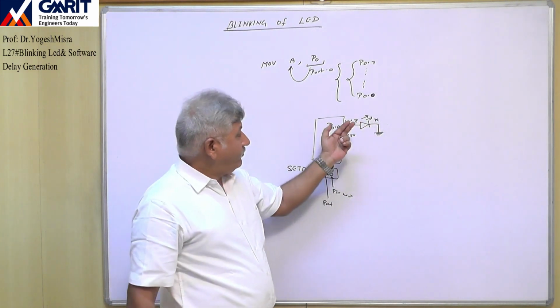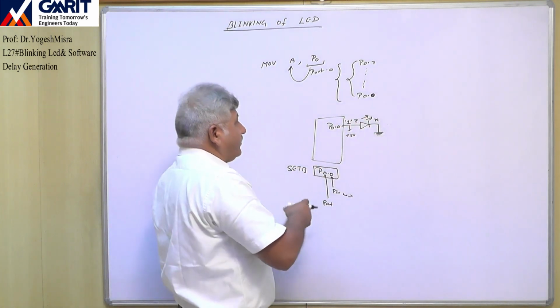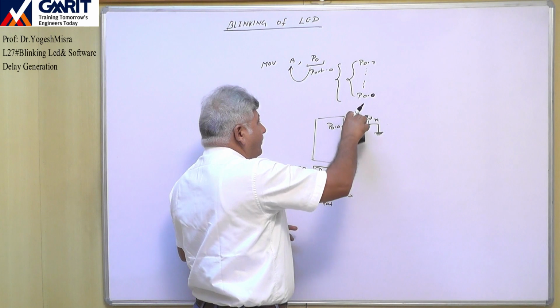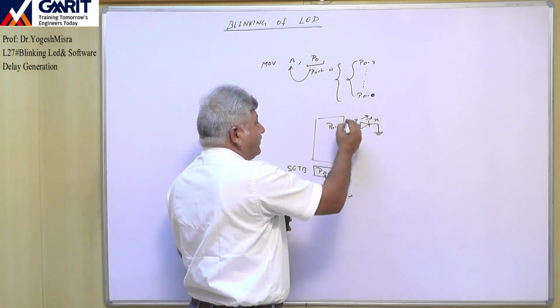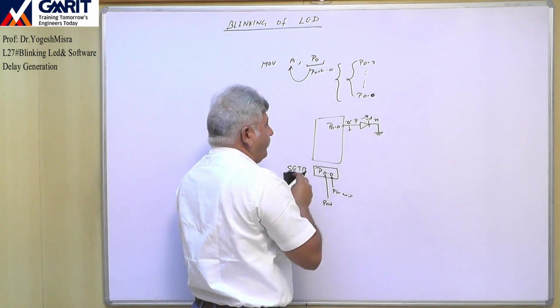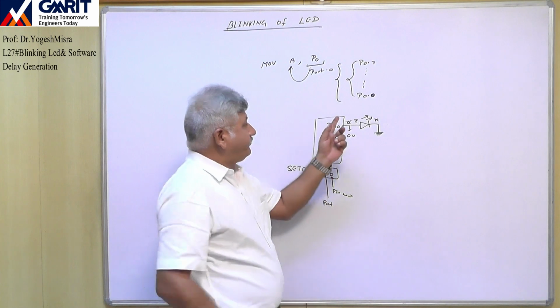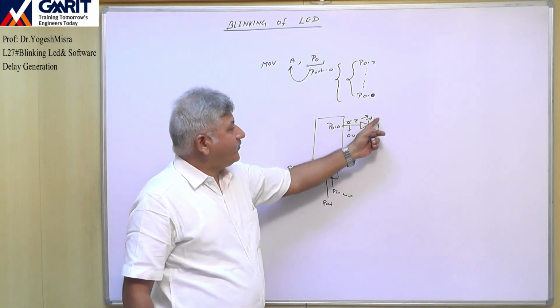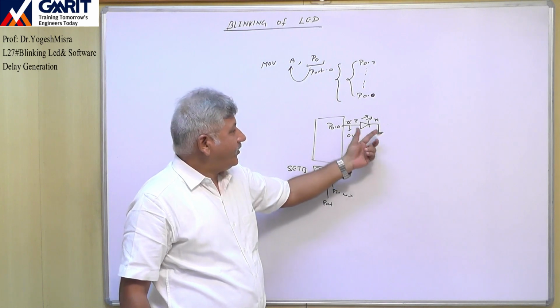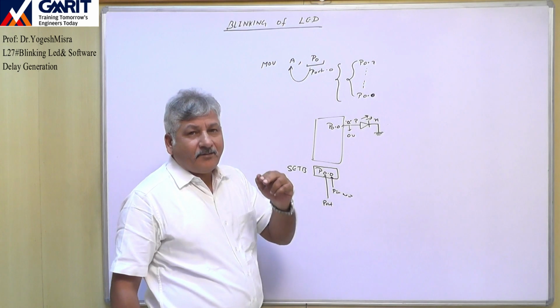And if you want to stop glowing this LED, then at pin number 0 we have to generate binary 0, that is, in place of plus 5 volt, we will generate 0 volt. So the P terminal is at 0 volt, and the N terminal is permanently connected at 0 volt. So what will happen? P and N, both terminals, are at the same potential.